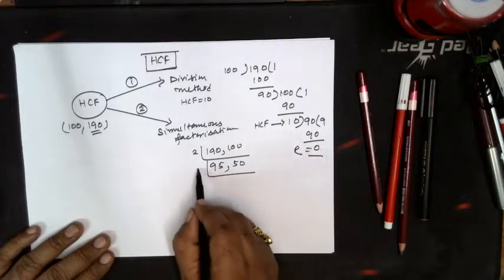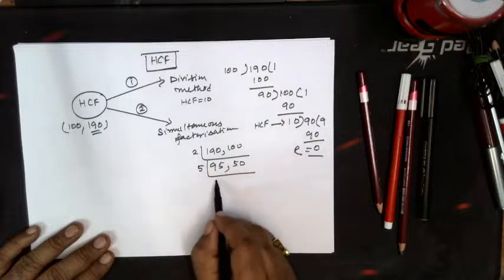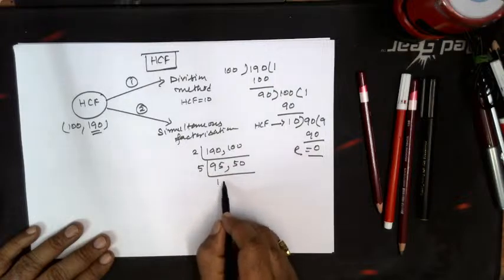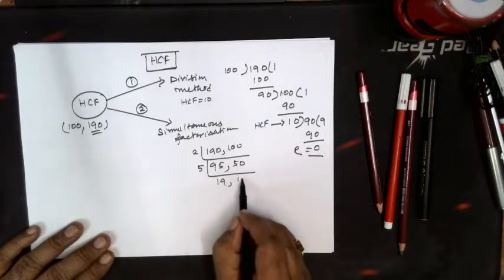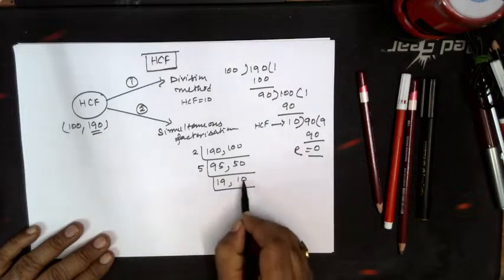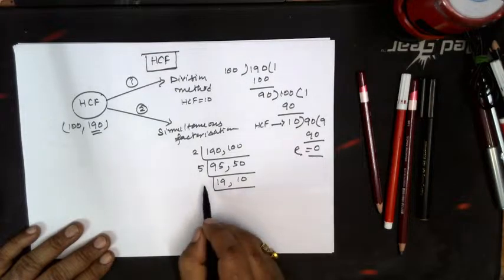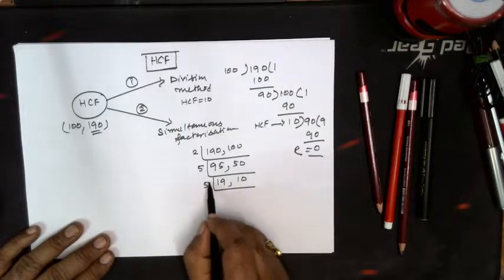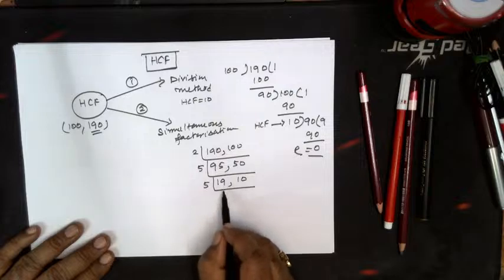So let us consider 5. 19 and 10. You can further divide this by 5. So 5, 19, and 19 will not go, so you can retain the 19 as such.